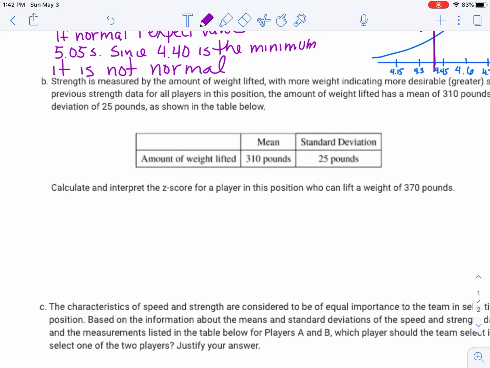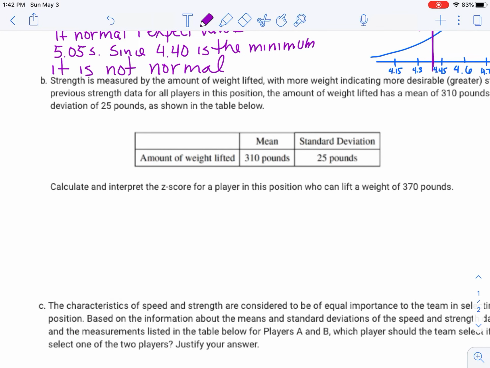The next part says to calculate and interpret the z-score. Z-score equals your value, 370, minus the mean, 310, divided by the standard deviation. You should get a z-score of 2.4. Okay? Make sure you answer both parts. It says to interpret.